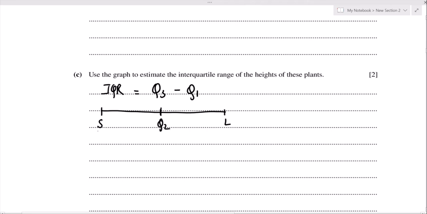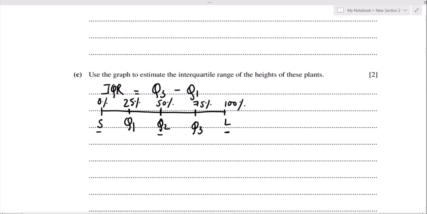Between the smallest value and the median there's going to be the lower quartile Q1, and between the median and the largest value there's going to be the upper quartile Q3. So this is 0%, that's 25, that's 50, that's 75, and the highest value is obviously the 100% one.